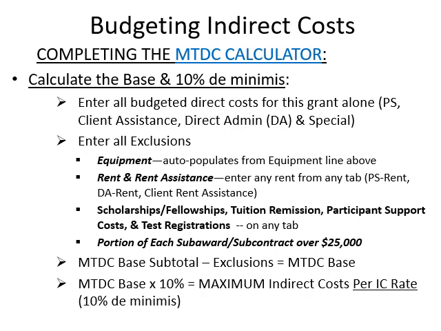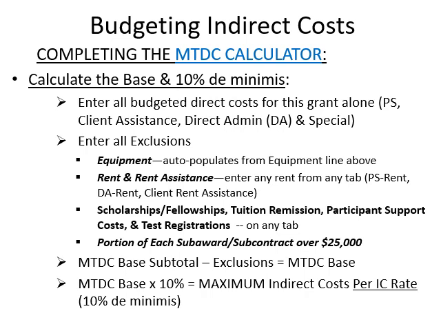participant support costs, and test registrations are some examples, and then a portion of any subawards or subcontracts are also considered exclusions. As far as the equipment, as long as you enter the correct amount in the budget portion at the top of the spreadsheet, it will auto-populate to lower down in the spreadsheet in the exclusion section.